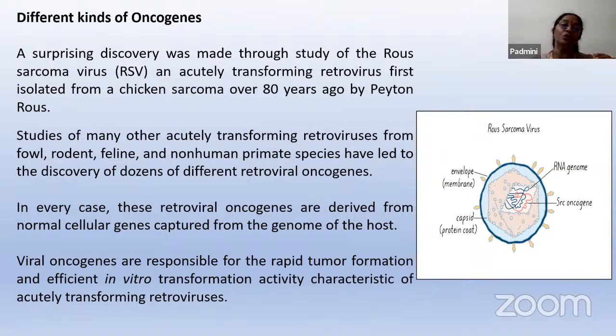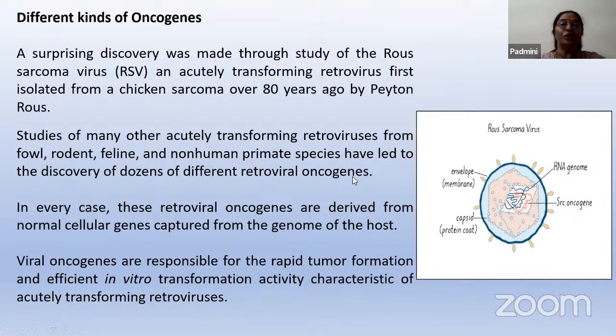Studies of many other acutely transforming retroviruses from fowl, rodent, feline, and non-human primate species have led to the discovery of dozens of different retroviral oncogenes.